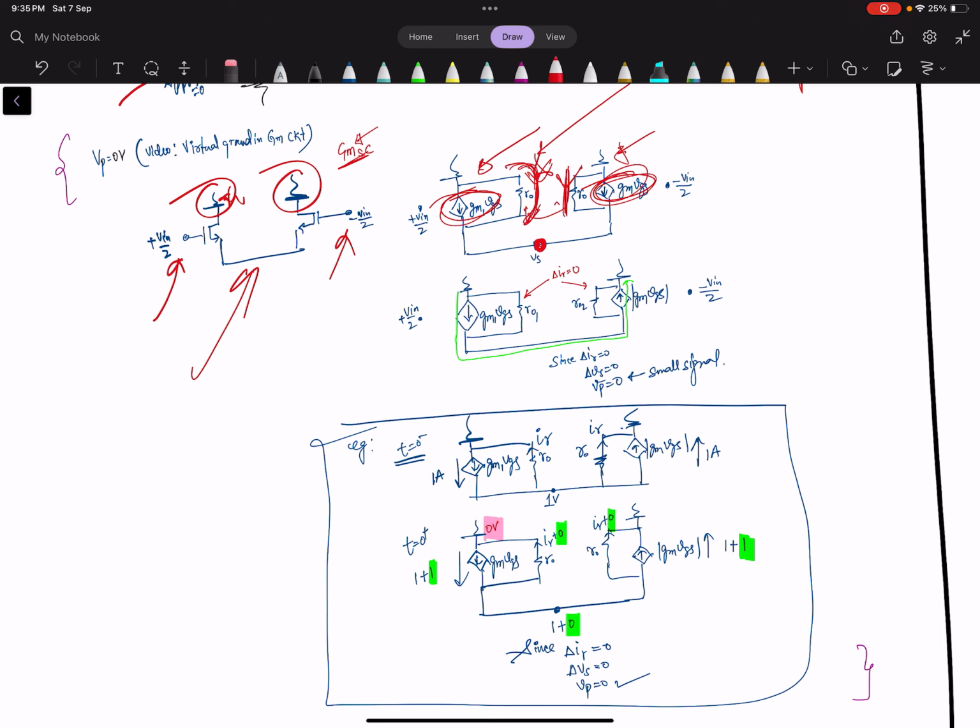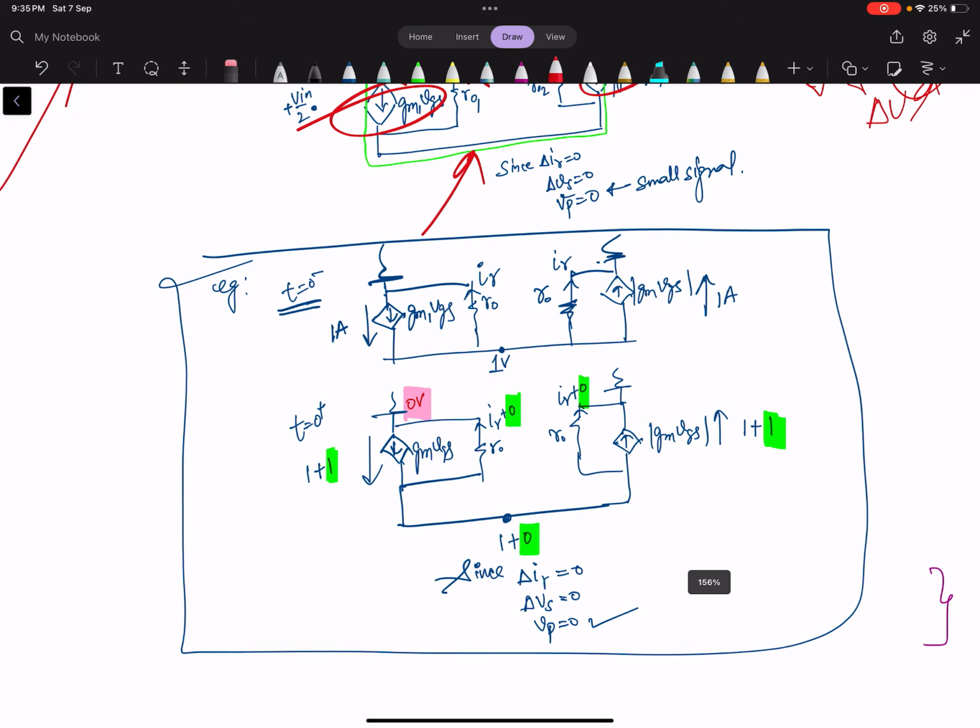That is what I have explained here, that whatever change here will be taken by here, and since it is 0 volt and 0 volt and no current here, this potential will remain the same because the current is 0. So the change in current is 0, and this is 0, then this potential change, delta V, will be 0 volt.